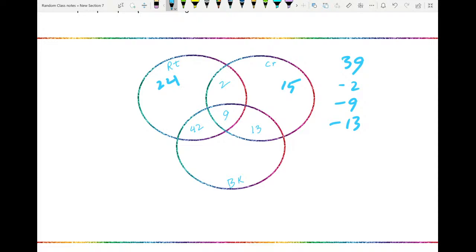Okay. And then let's do the last part, blackjack. 93 played blackjack. And we gotta subtract these numbers right over here. Minus 13, minus 9, minus 42. So you have 29. Good.